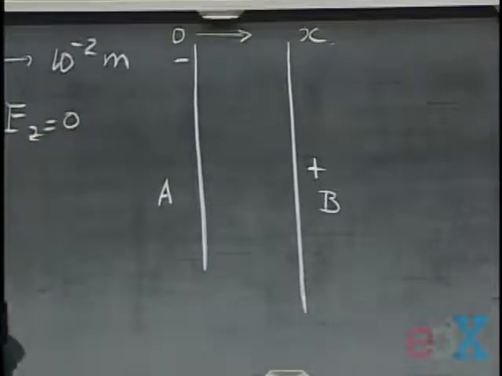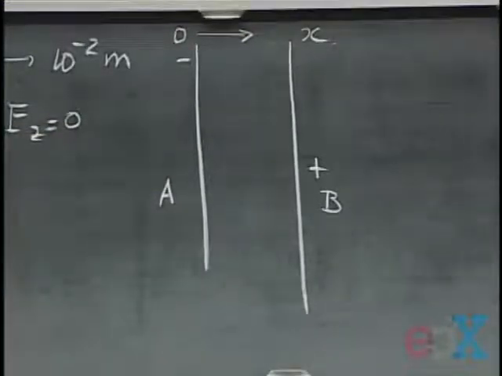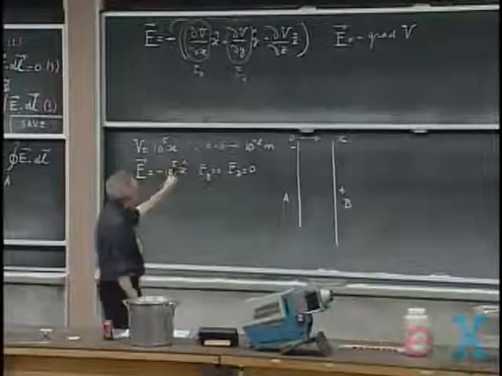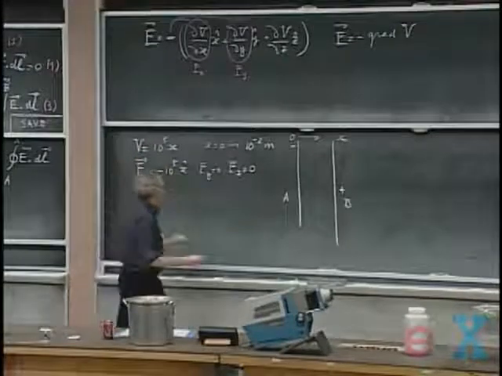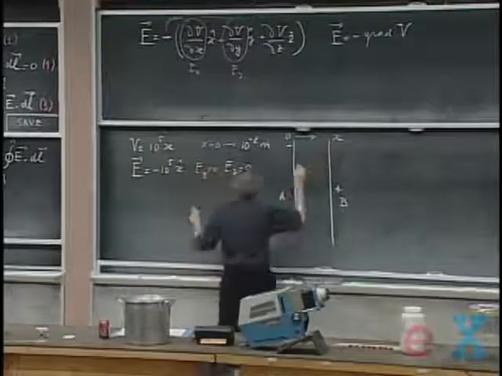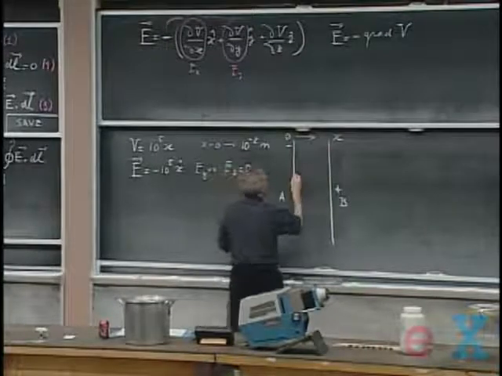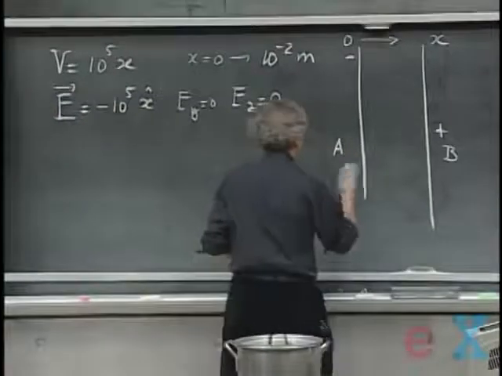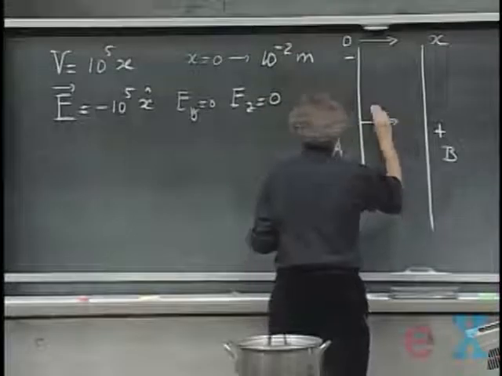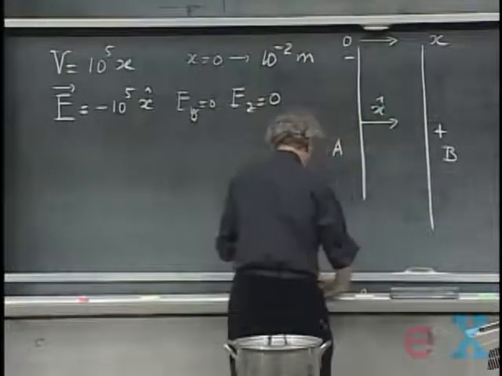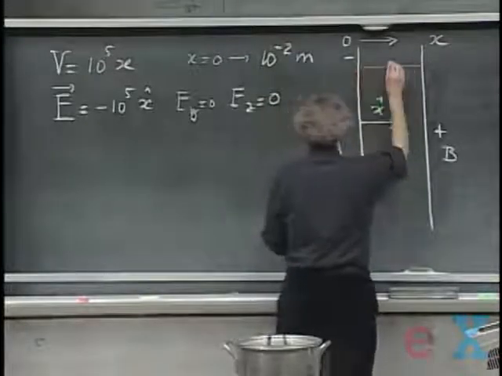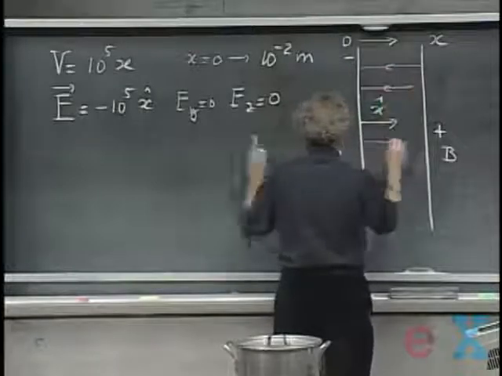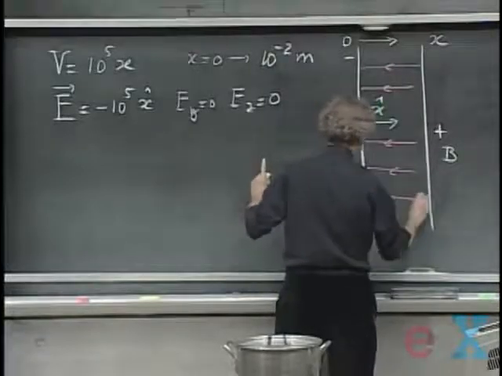So I can put the electric field inside here, according to the recipe, minus 10 to the fifth, in the direction of minus X roof. So X roof is in this direction. The electric field is in the opposite direction. And it's the same everywhere. And that is very physical.